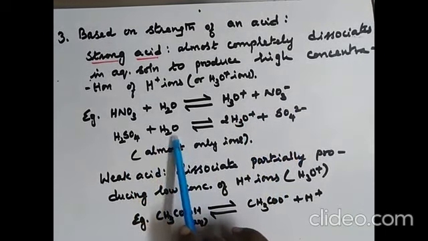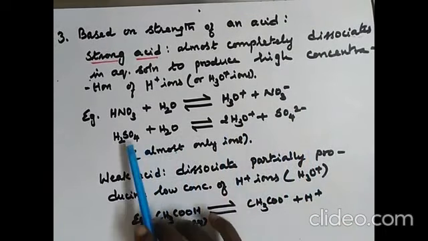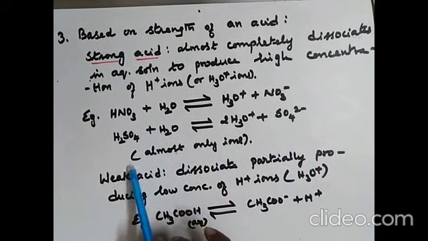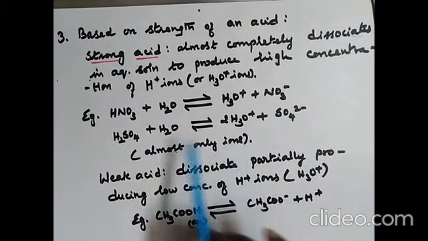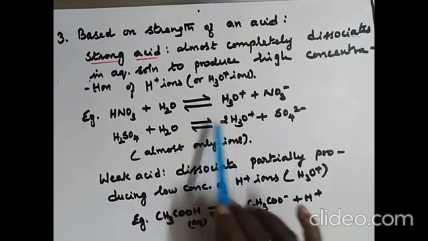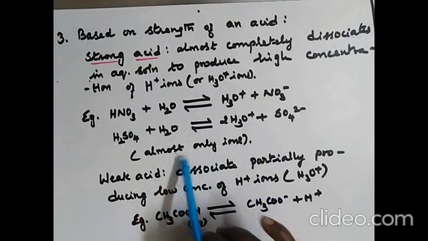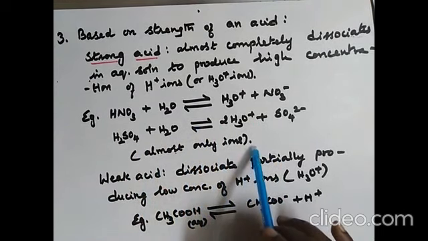Sulfuric acid combines with water to produce hydronium ion and sulfate ion. The solutions of these acids contain almost only ions. That is, all the molecules of acid get dissociated to form hydronium ion. Therefore, the solution contains mostly ions only.